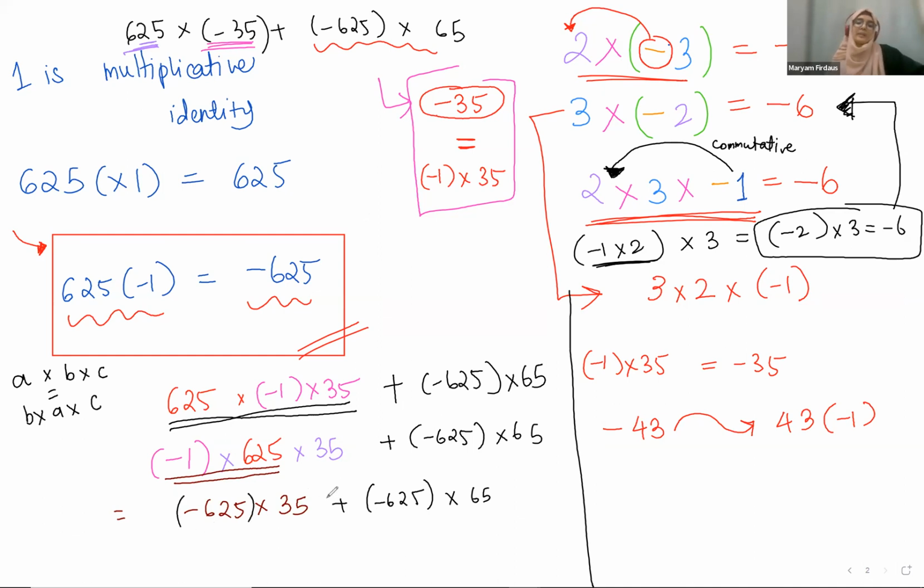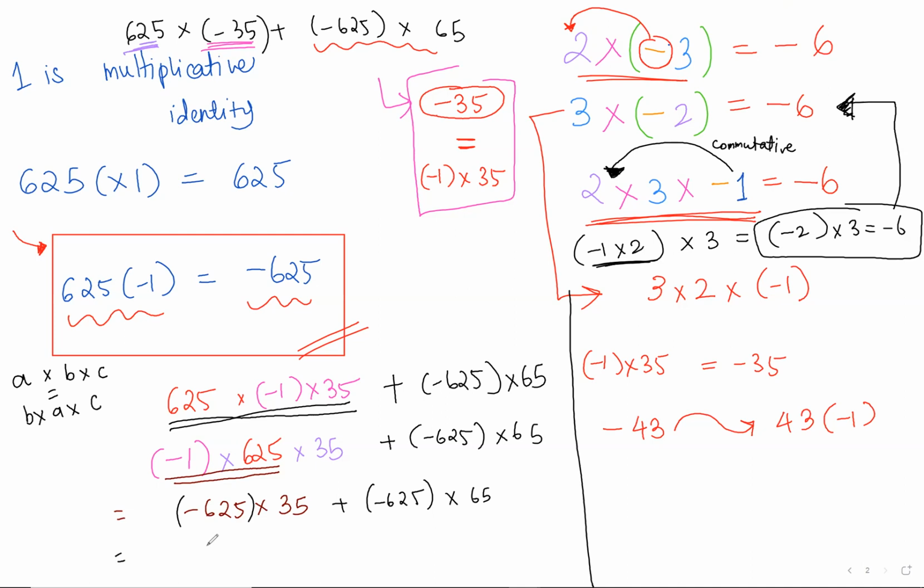Can you tell me what is common between these two terms? Minus 625 multiplied by 35 plus 65. Very good. But you also have to mention the bracket, right? So now mentioning the bracket, can you repeat the same thing?